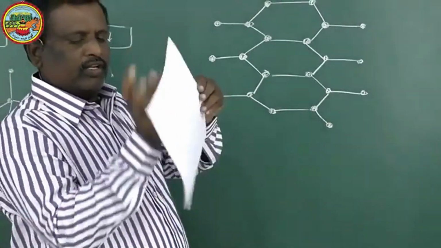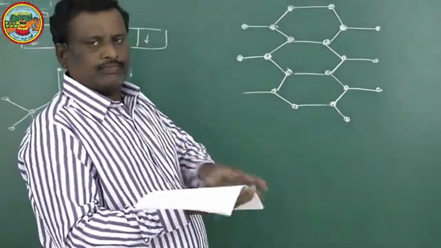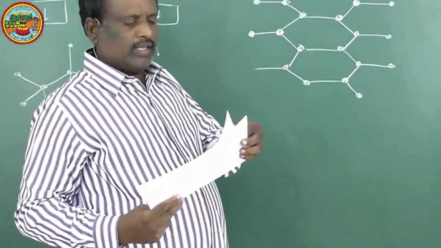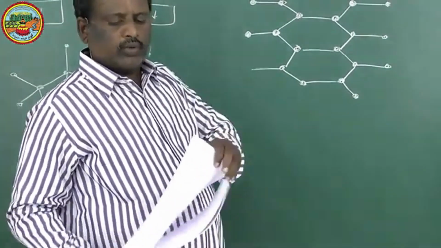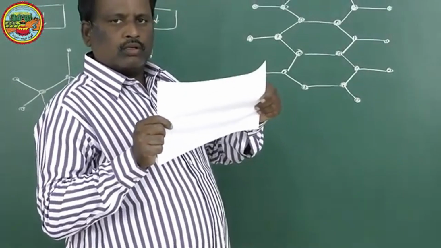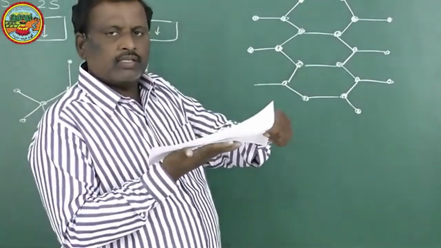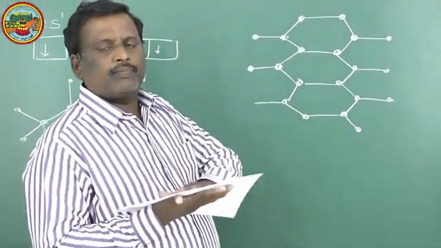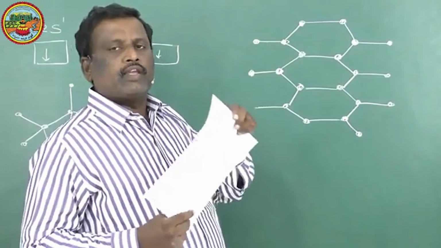In graphite, each layer will be bonded like that. But within the layer, the bonds are very strong. In between the layers, there is no bond. That's why they are easily slipped. But within the layer, they are strong.